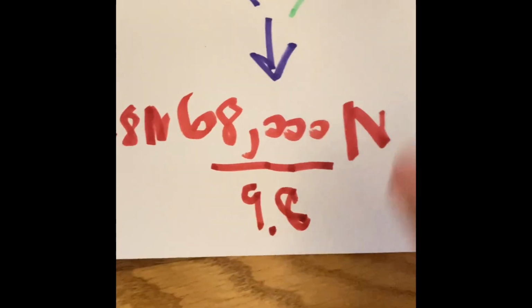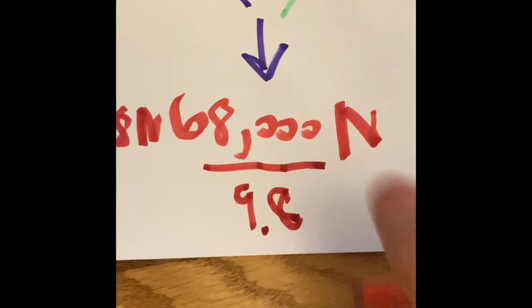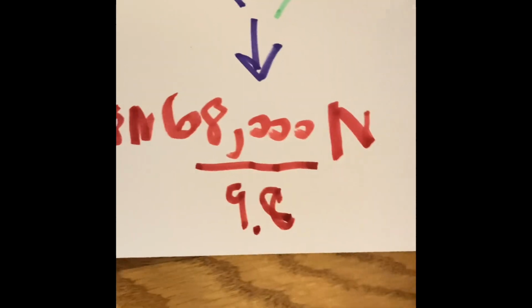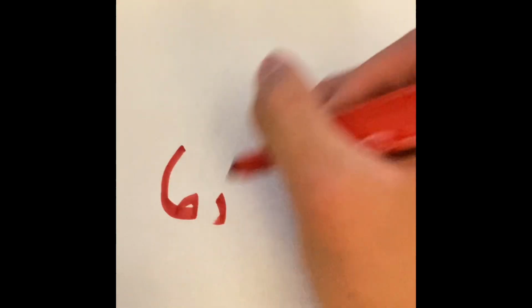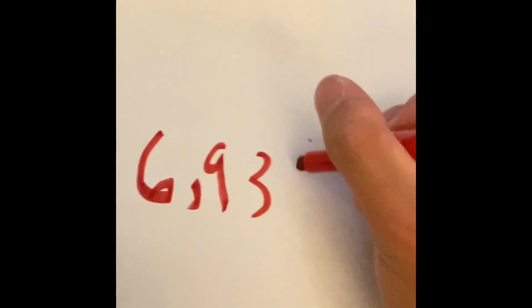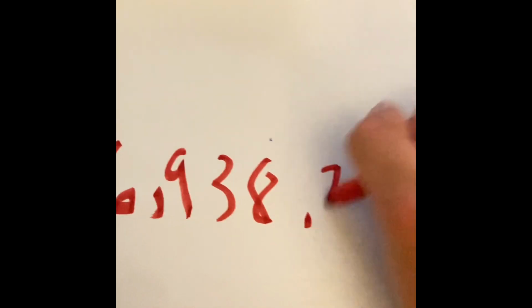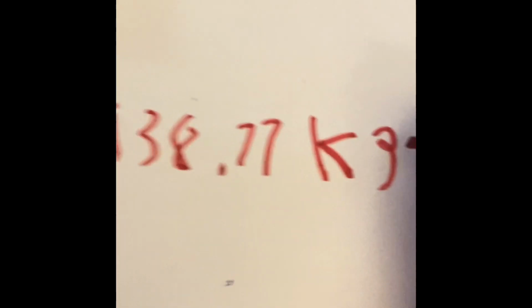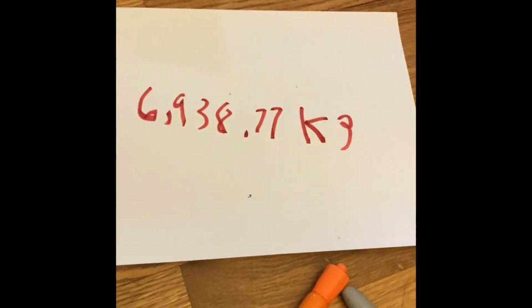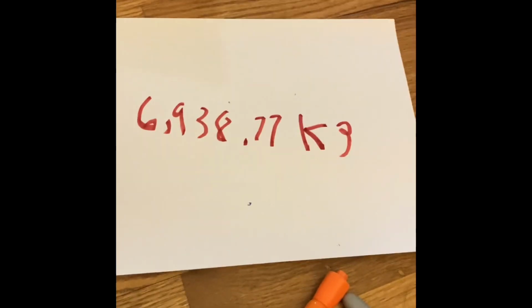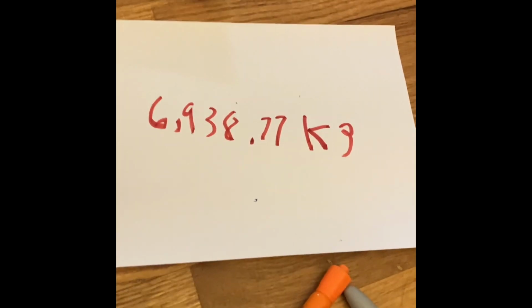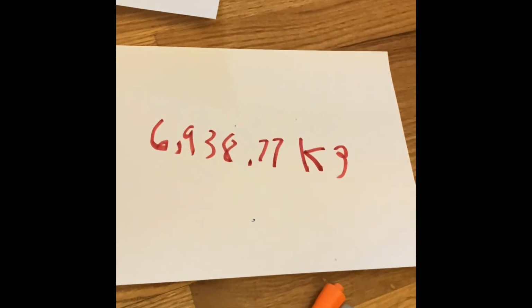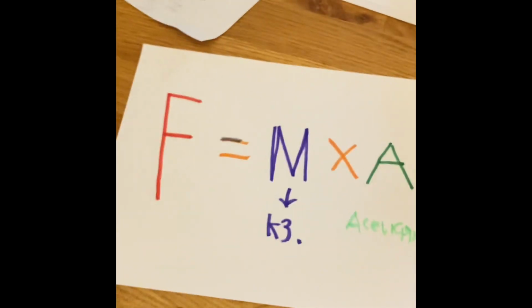So 68,000 divided by 9.8 is going to bring you 6,938.77 kilograms of force driven by Plankton being applied on the Krusty Krab door. And that is how much force is being applied.